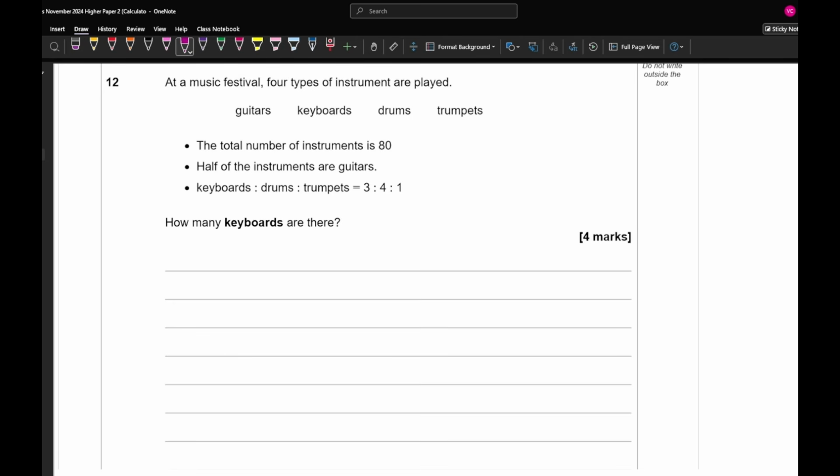Well, looking at this, the first thing I need to do, if there's 80 together, half of that is going to be 40. So there are 40 guitars, leaving 40 instruments left. Next I need to share 40 in the ratio of 3 to 4 to 1, which gives me a total of 8 parts.